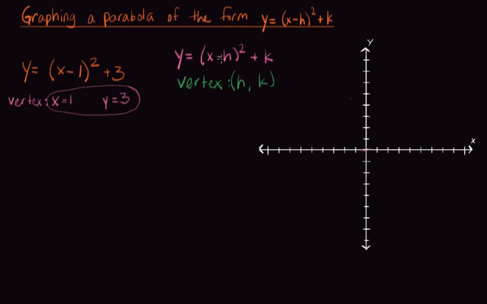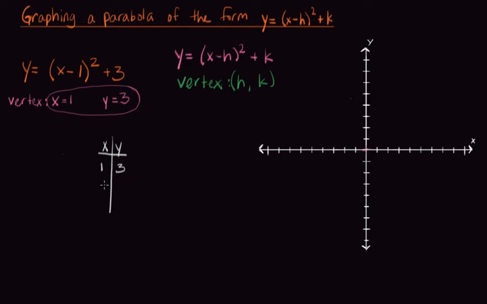Or you can see here there's an x minus h, but the vertex happens at h. Okay, so if we know that the vertex is 1, 3, then we know that that x value is a good place to start. So when we're doing x and y values, let's put our x here and our y here. And then let's go with values around that.